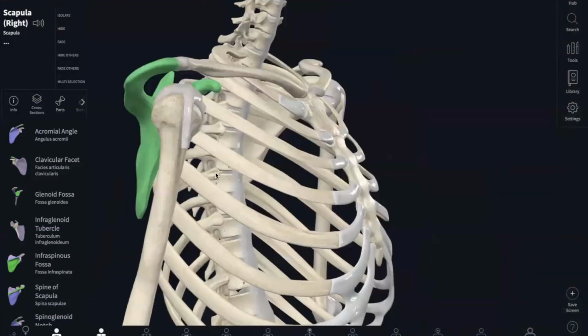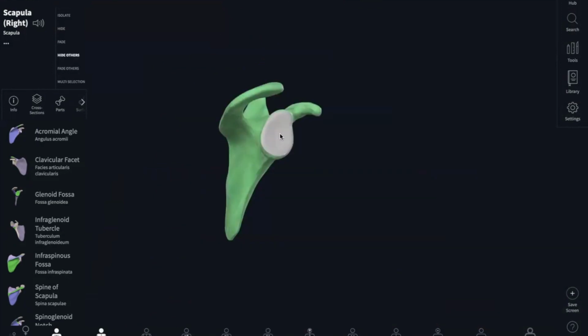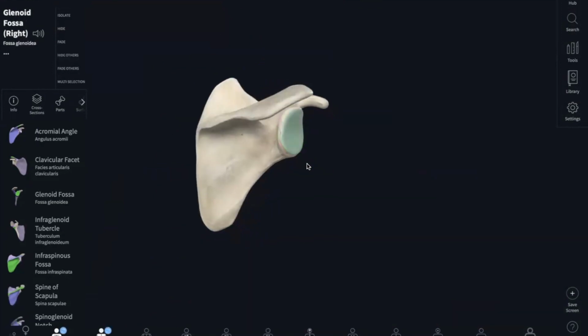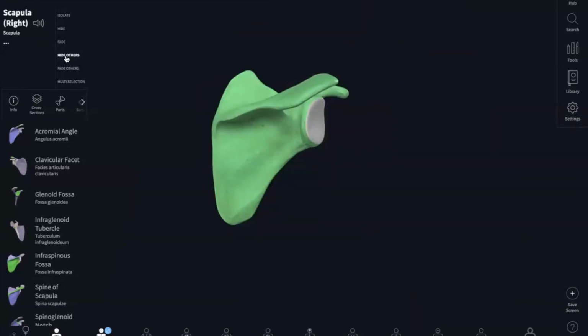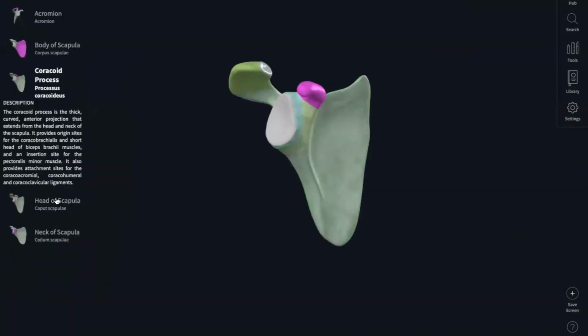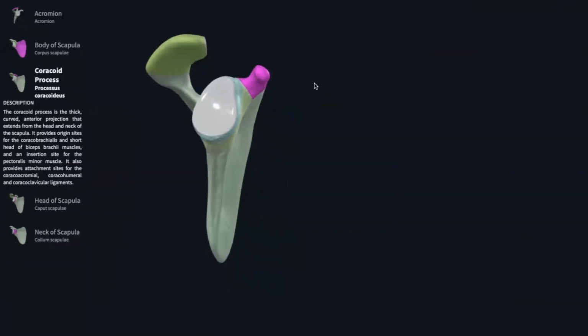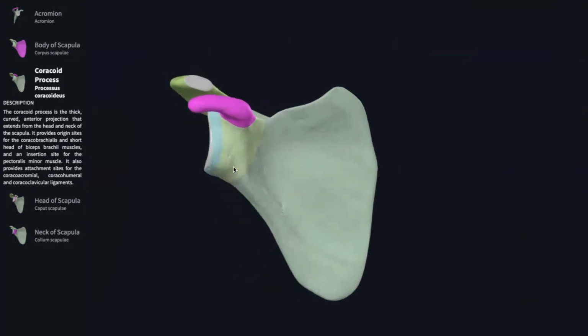Next, we have the glenoid cavity. This is your glenoid cavity or your glenoid fossa, and that's where your humerus articulates. And you can see right here the head of the humerus articulating with the glenoid fossa. The next marking of your scapula is going to be your coracoid process, which is going to be this part right across from your acromion.